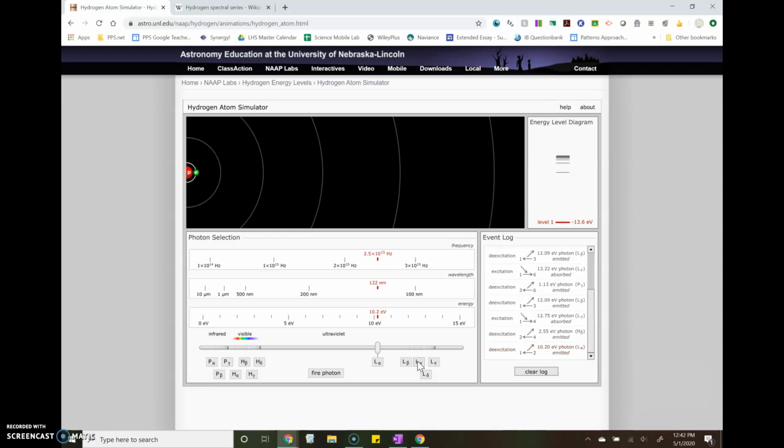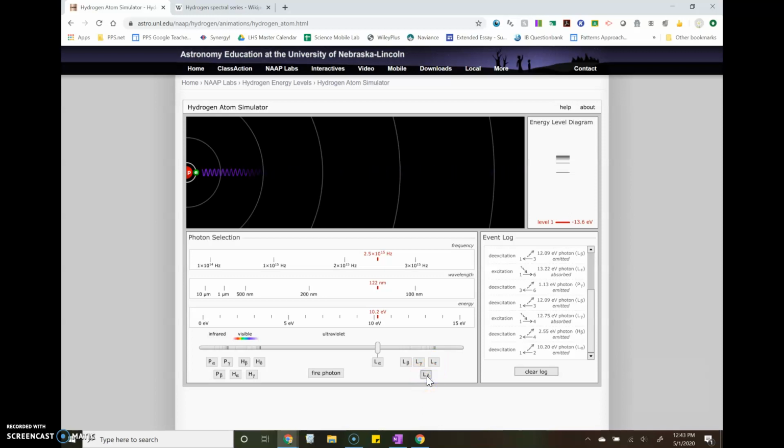You may have also noticed these buttons on the bottom. You'll notice that all of the L buttons, we've got L alpha, beta, gamma, epsilon, delta, will take an electron.